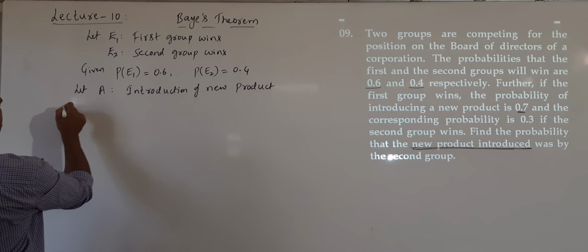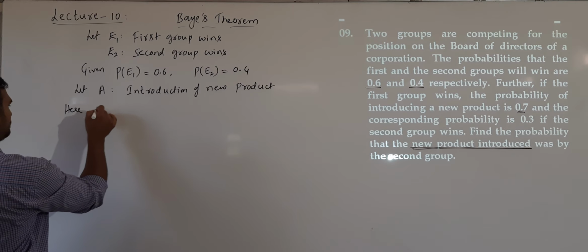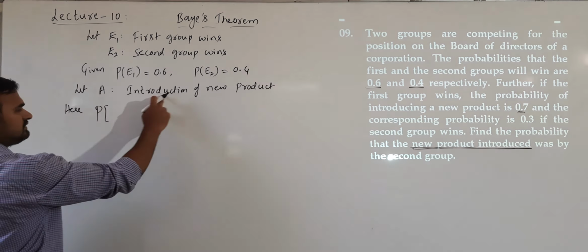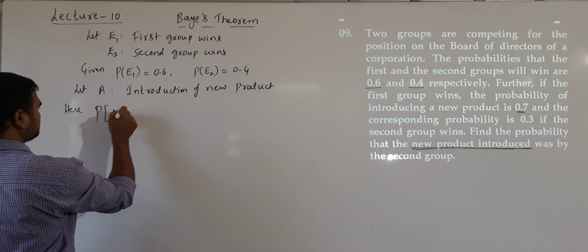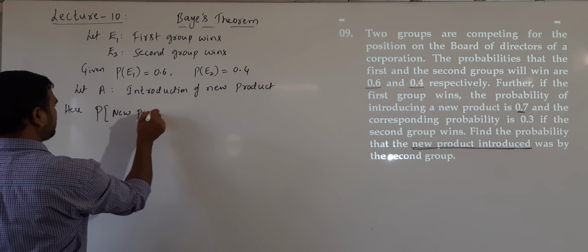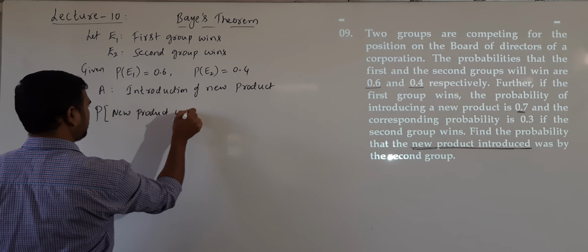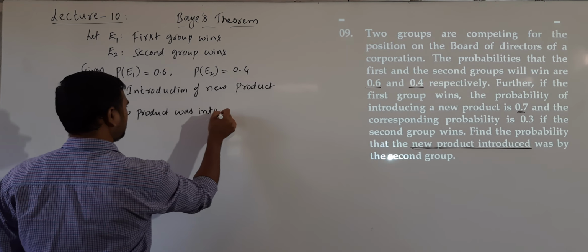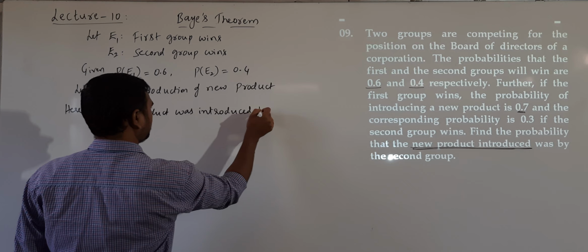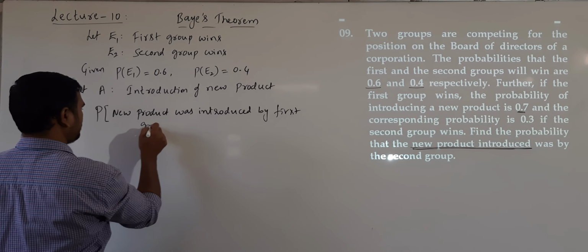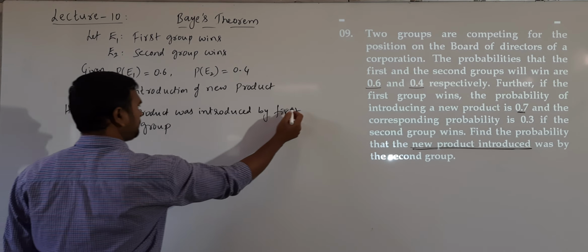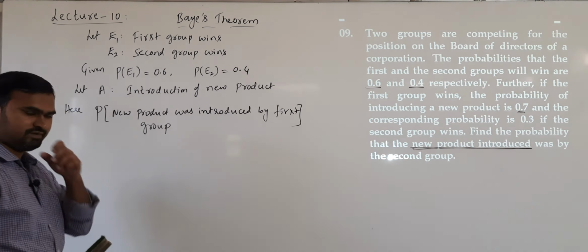So here, what is the probability of new product was introduced by the first group? What is the notation we can write?